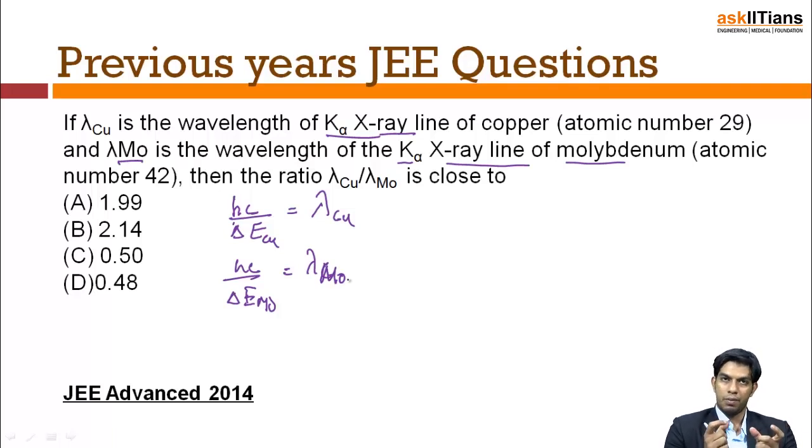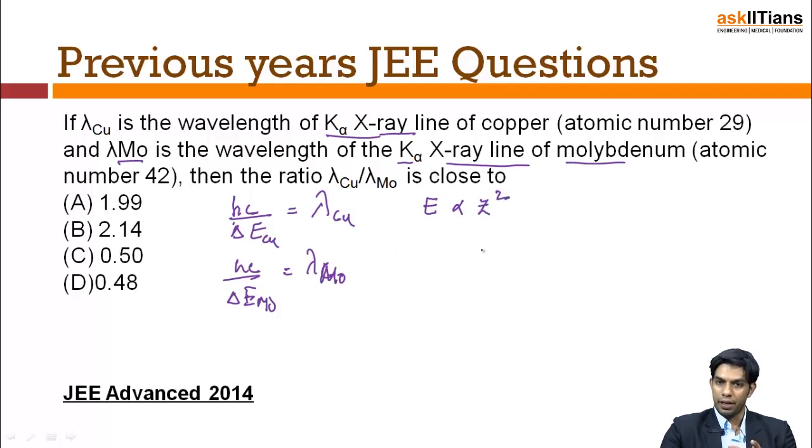The energy difference between the two inner levels in which the electrons are making the transition is denoted by del E Cu or del E Mo, depending on whether it's copper or molybdenum. And I also know that the energy is directly proportional to Z square.